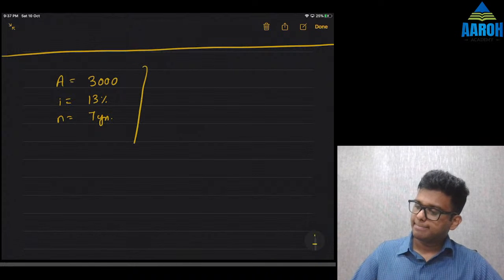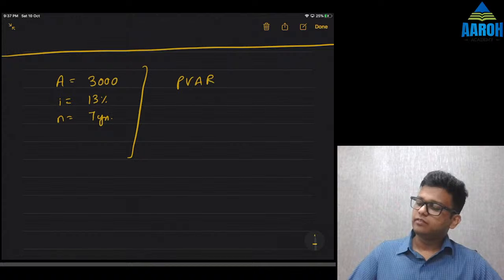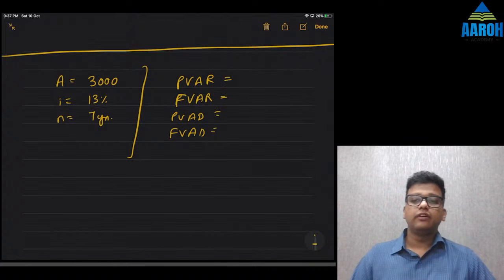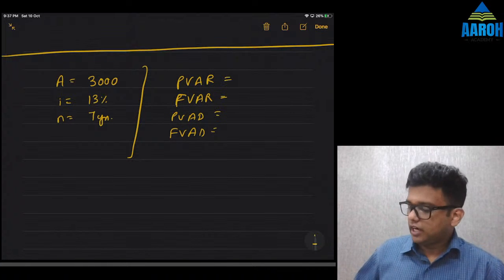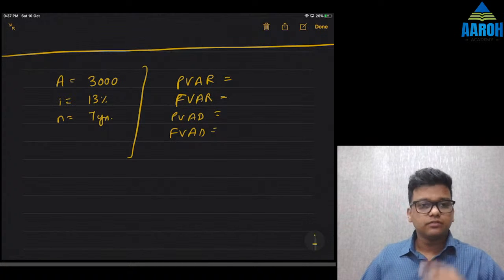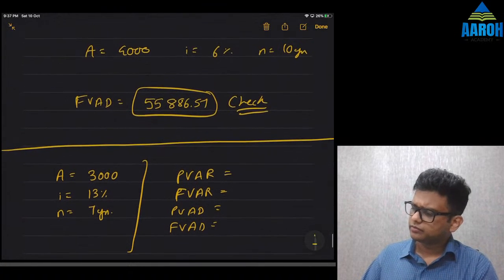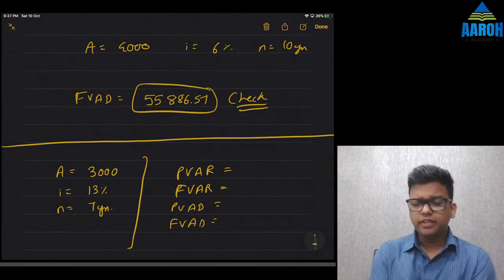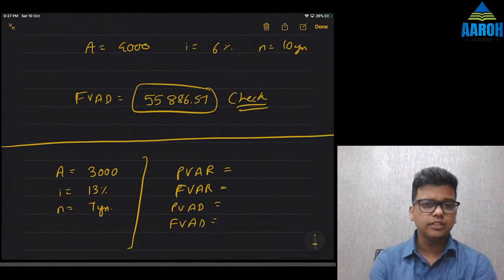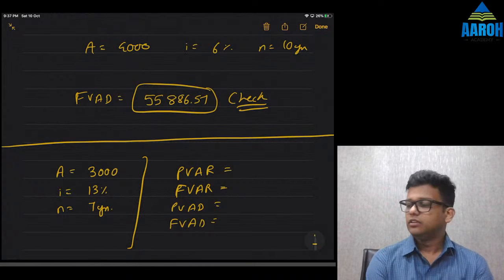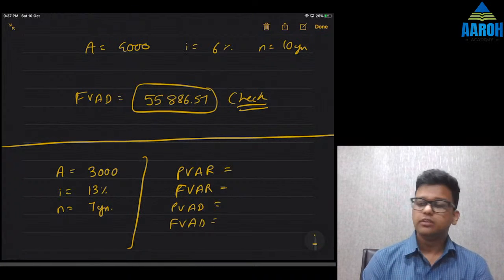Try to find PVAR, FVAR, PVAD, FVAD. Try to find these four. Misbah, you didn't get that one also. Again, same. Previous one, 1.06 raised to 10 minus 1 upon 0.06 into 4000, that is normal future value, into 1.06, that's all.